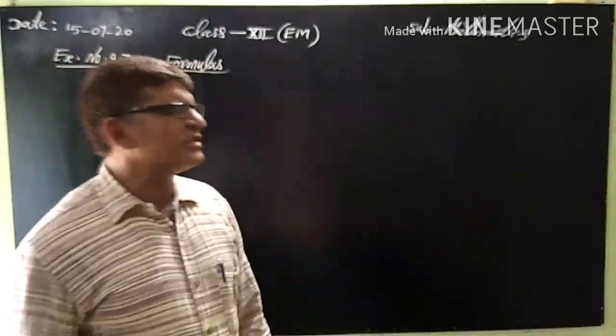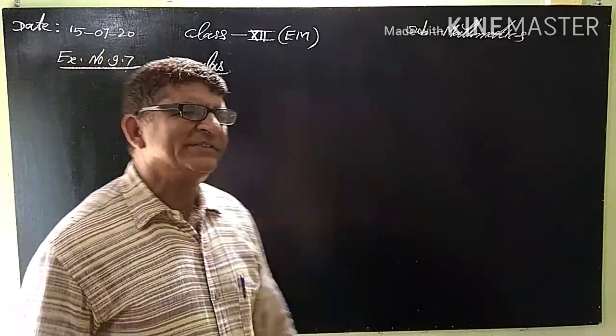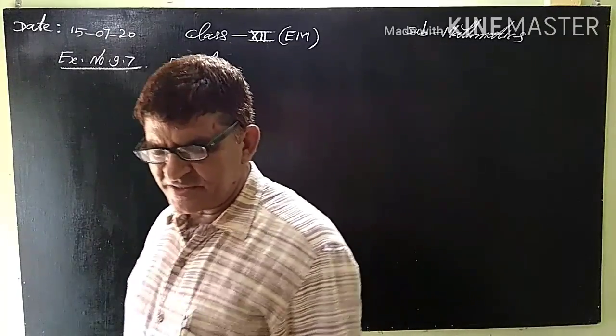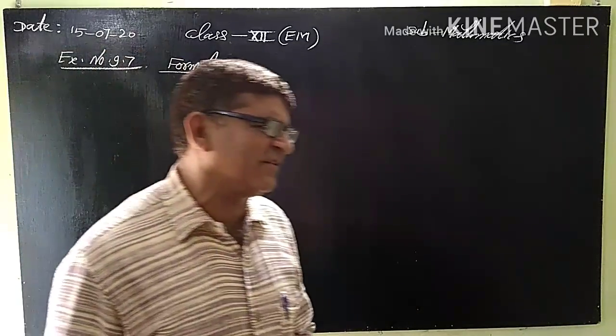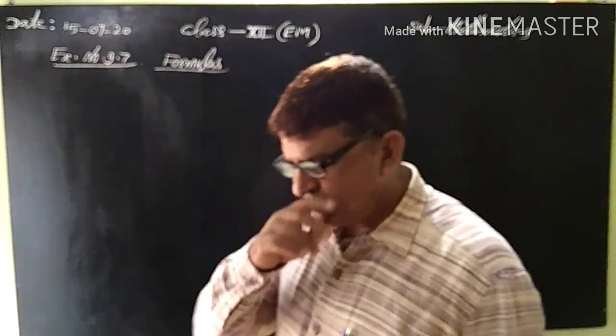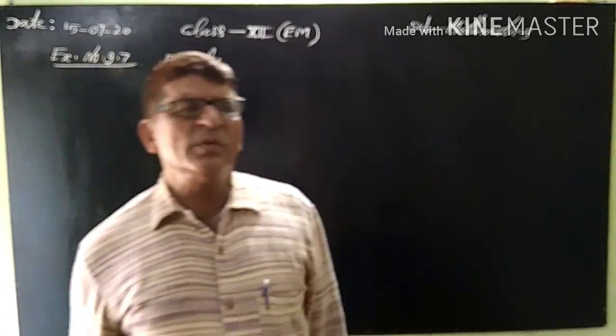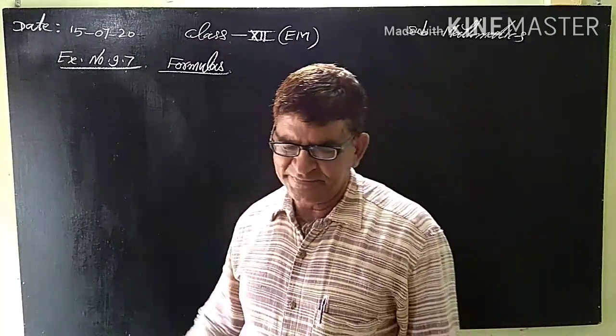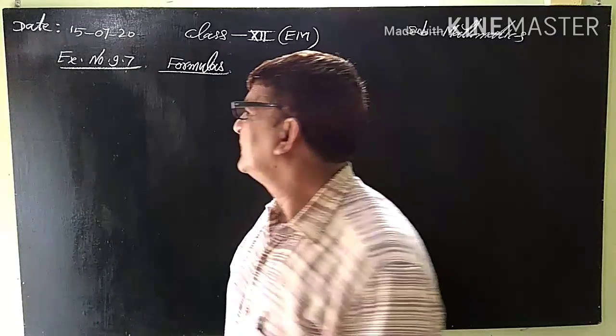Now we are going to start our topic, and in our topic we are going to start exercise number 9.7. Before starting it, we have to prove some formulas. So first of all, we are taking the first formula.